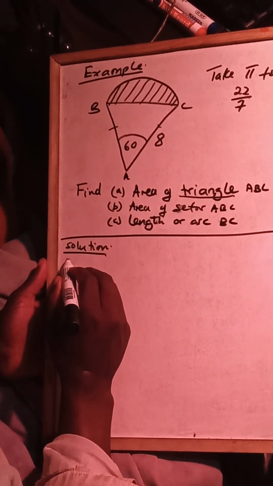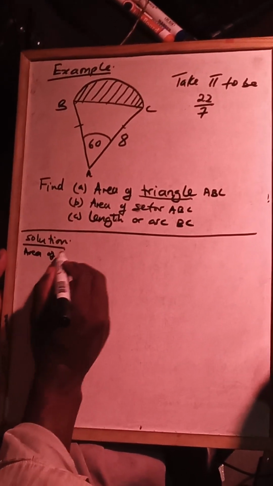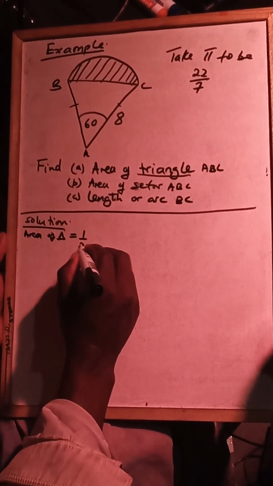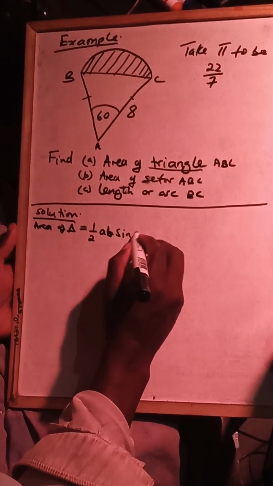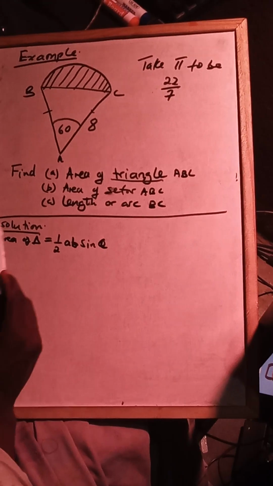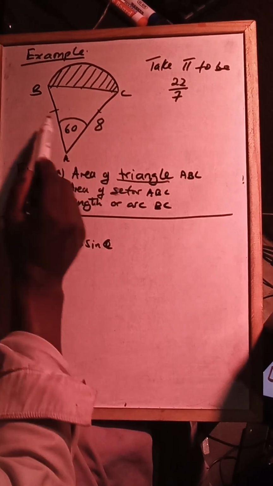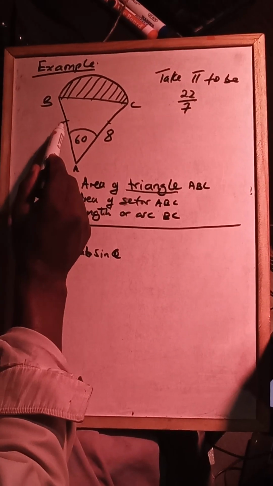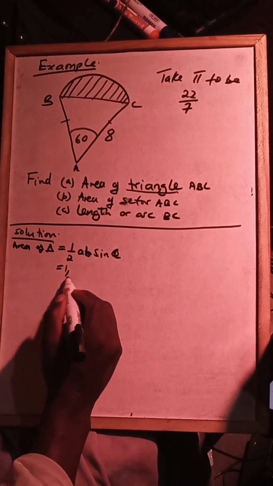Solutions. Area of a triangle. The formula is half a b sine theta, right? In this case, our a is 8 and our b is also 8 because these are two radiuses, which means they are equal sides.